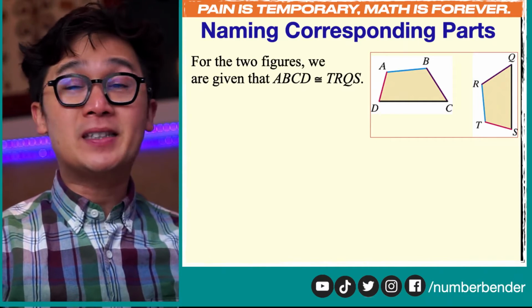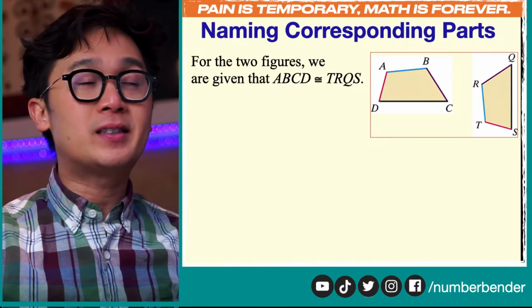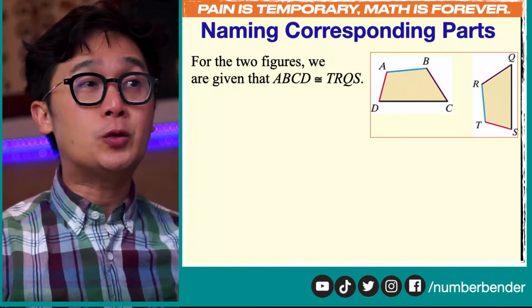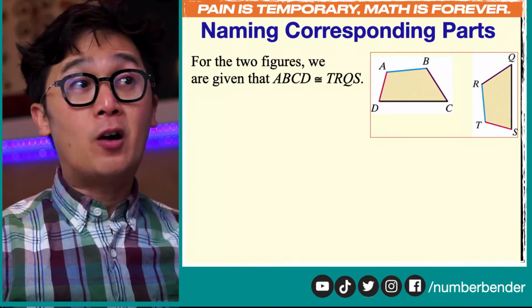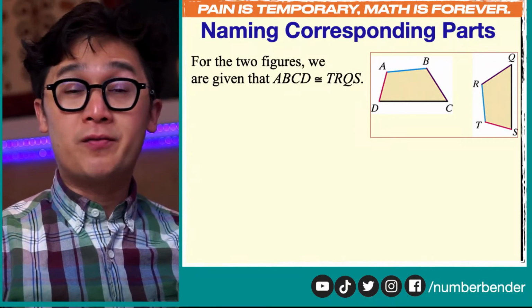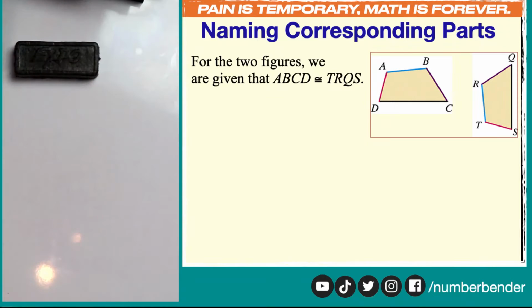Now, if we're going to be naming corresponding parts of a figure, we are seeing a trapezoid, ABCD, quadrilateral, and TRQS, that is known to be congruent because it's given. All we need to do is write out the corresponding parts of this quadrilateral that are congruent. So we can start with the angles. We know by our clues here that AB is corresponding to TR because they have the same color, and so on.